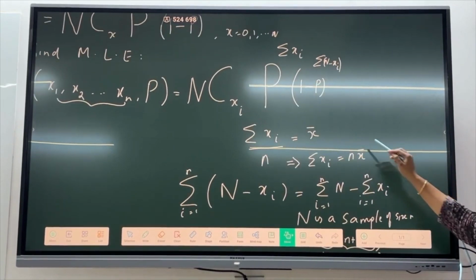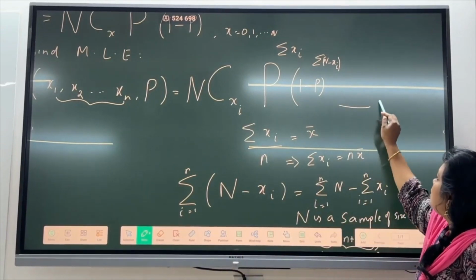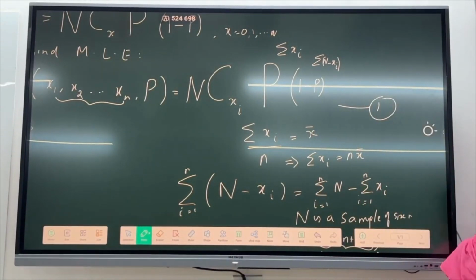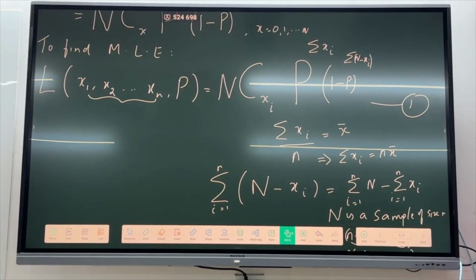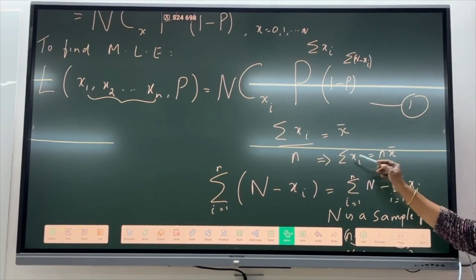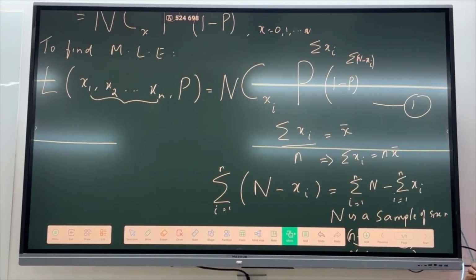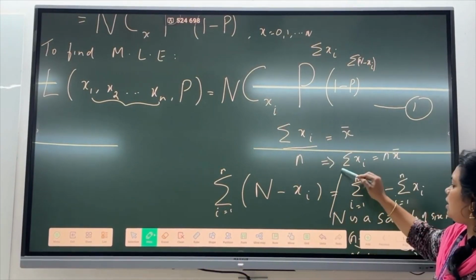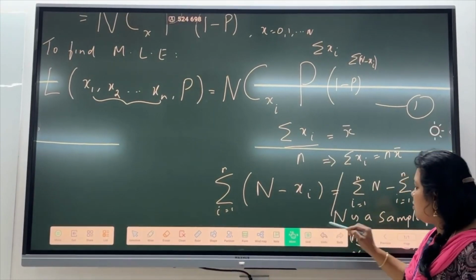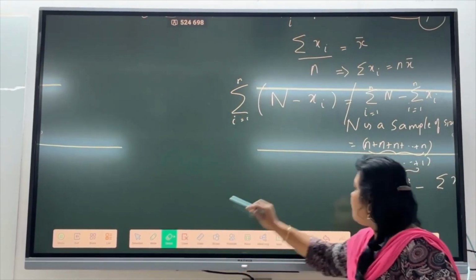I am going to replace this equation 1 in the model because of the parameter. So how can I write equation 1?